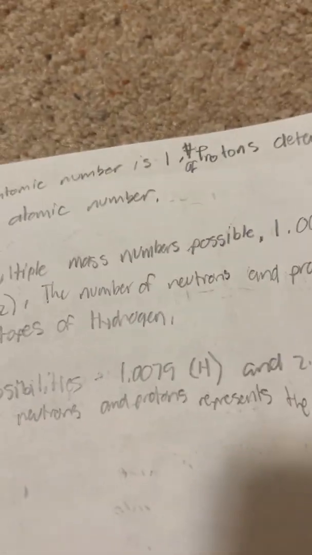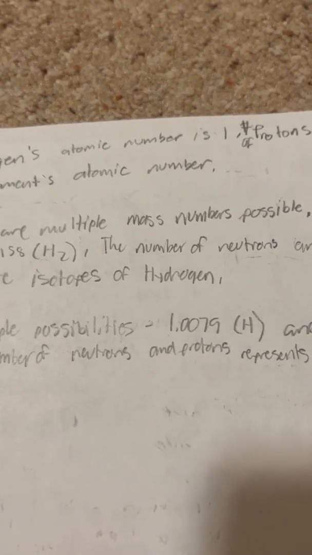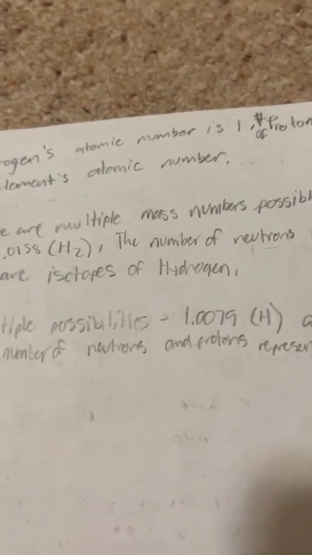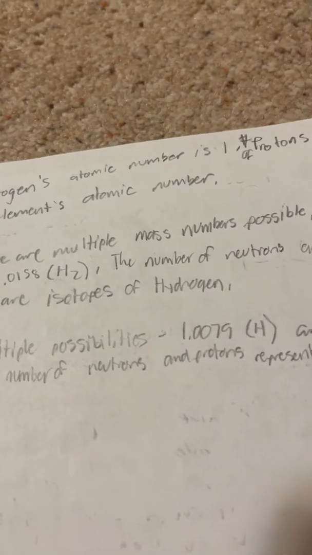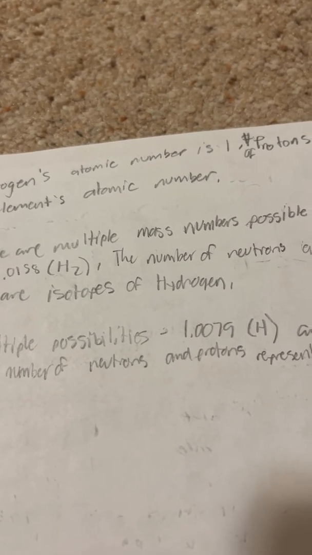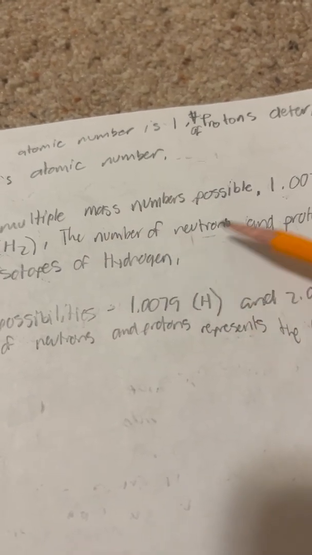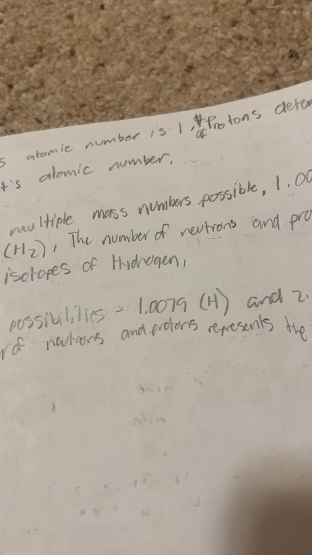Hydrogen's atomic number is 1 because it's the first element in the periodic table, and the number of protons determines the element's atomic number. There are multiple mass numbers possible for hydrogen, and the number of neutrons and protons determines the mass.